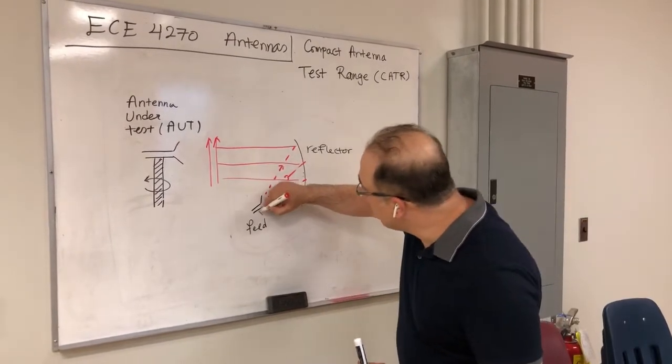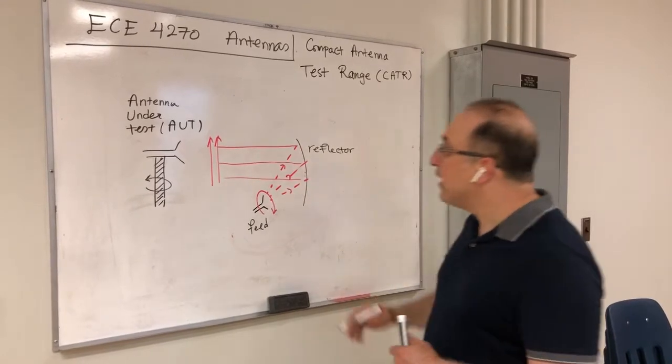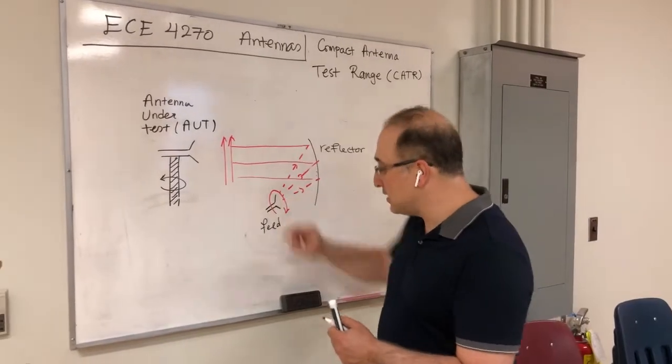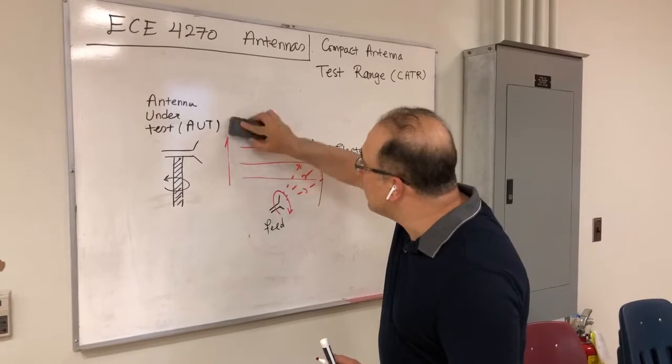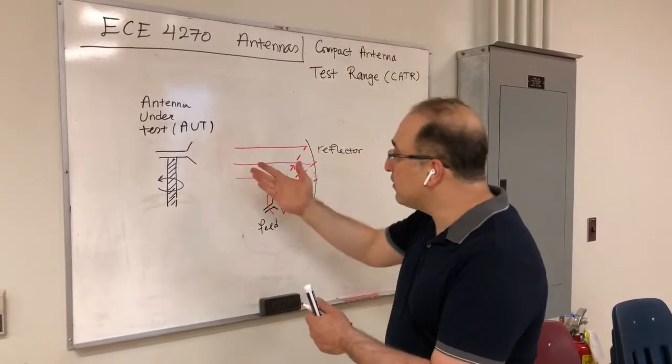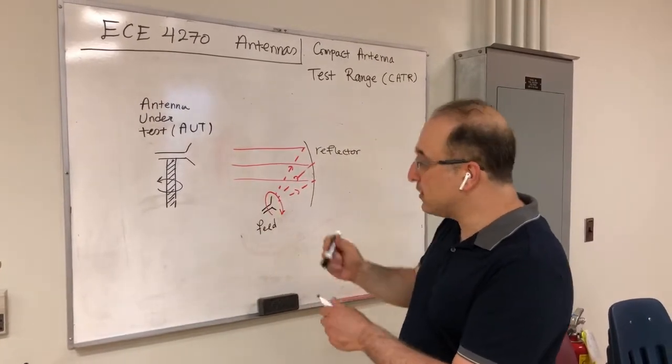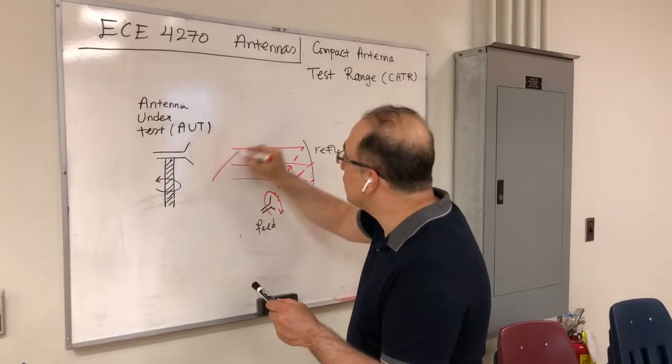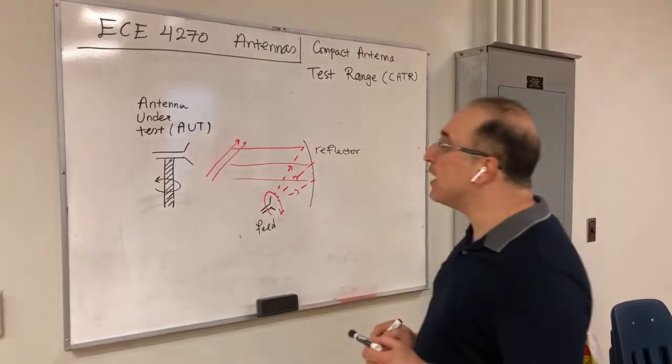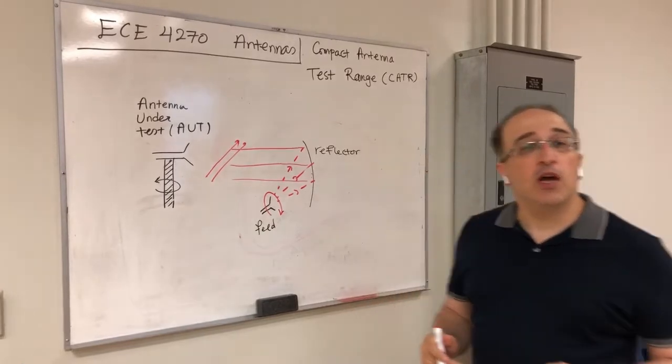As soon as you do that, the plane wave that, for example, before was vertical, would be horizontal. So that's the way you do that, and then you can perform your measurement.